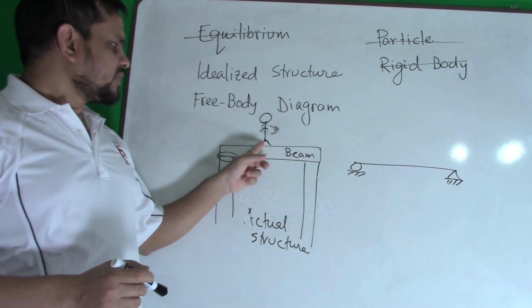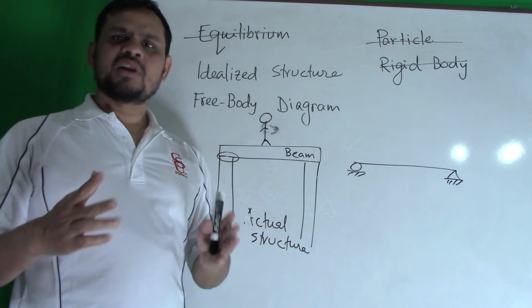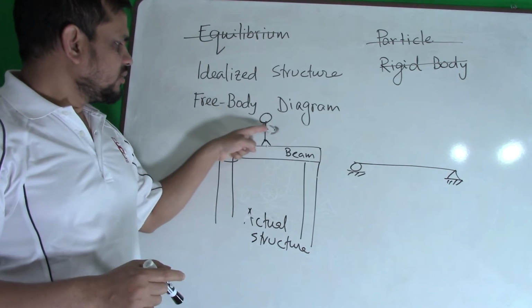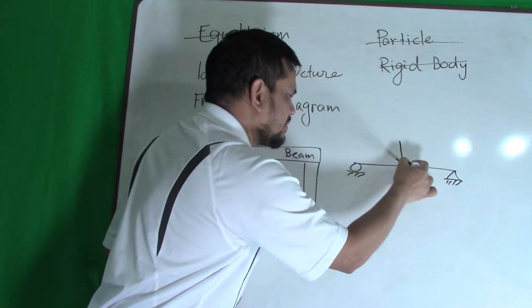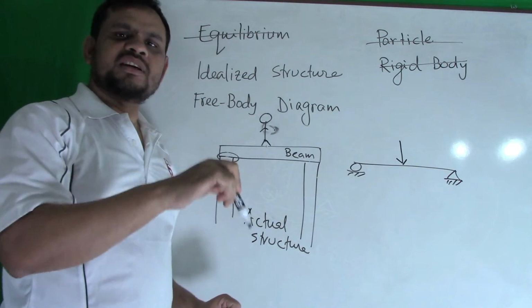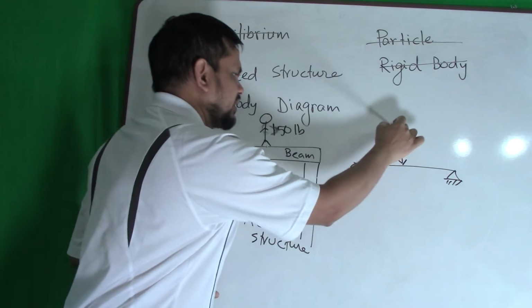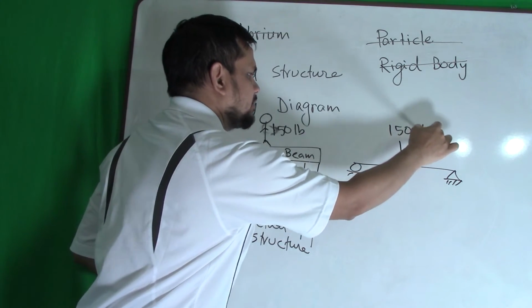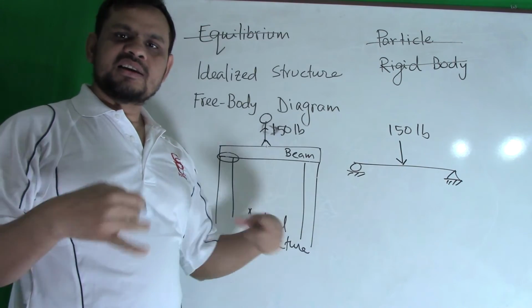And then this load. Say this person is standing on the beam and he has two legs. So he will apply load on two legs. But to make it simple, I can just assume that there is a concentrated load. Say this person is 150 pound. So I can insert 150 pound load here. So what I did here, this is called idealization.